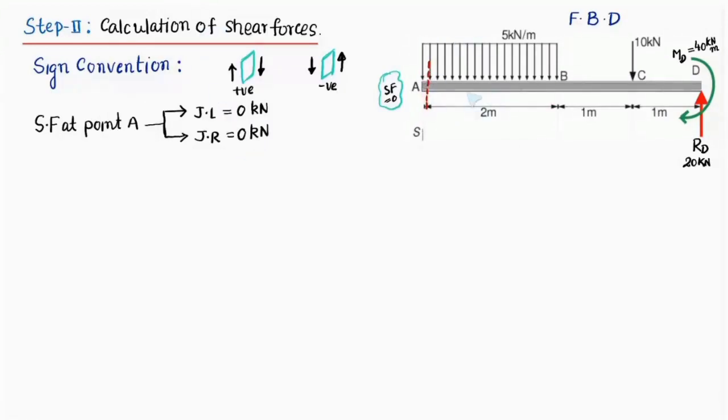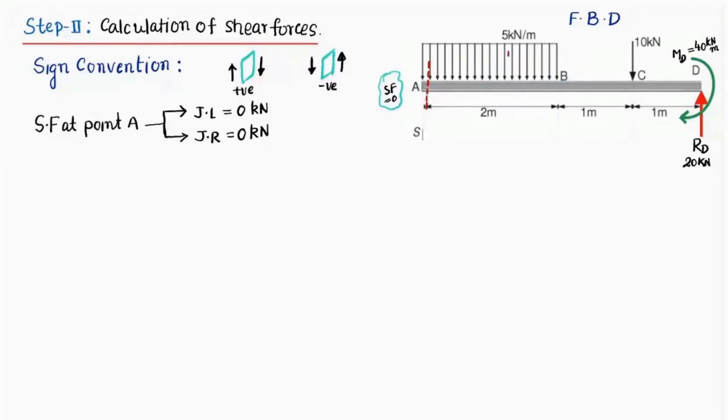Now friends, if you see here, there is a UDL, uniformly distributed load, acting from point A to point B. As I move this particular plane towards right, you will see that the shear forces are going to change continuously due to this uniformly distributed load acting from point A to B. So to get the variation of shear forces due to uniformly distributed load, I am going to consider my plane somewhere in between.